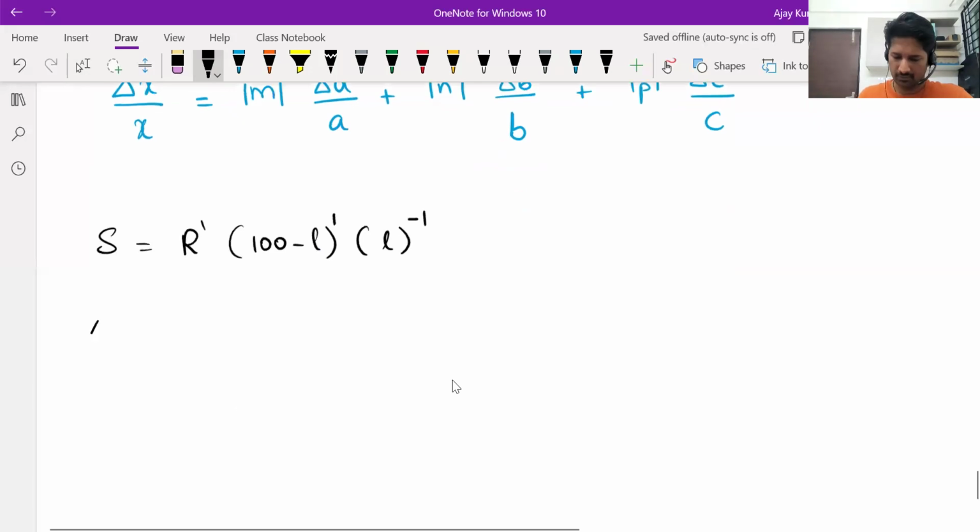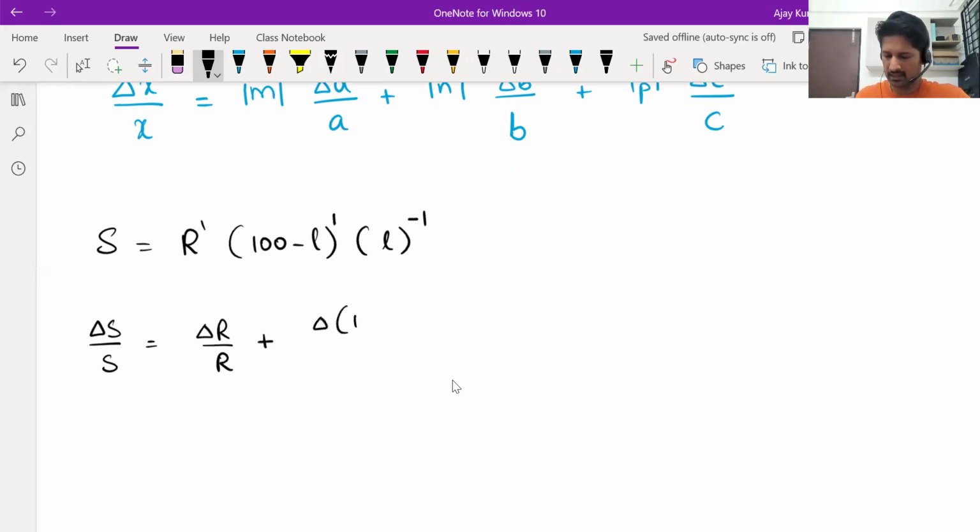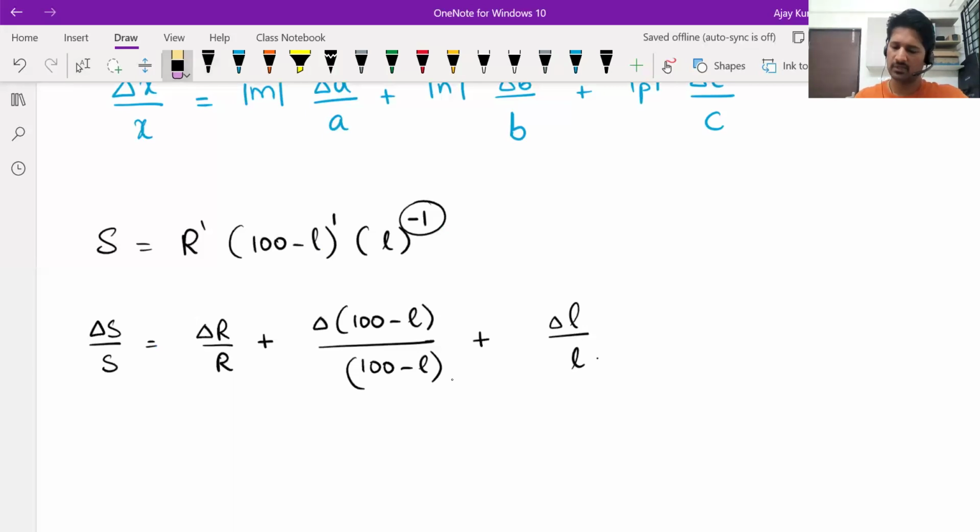Therefore, I can say delta S by S is equal to 1 into relative error in R, so delta R by R, plus 1 into error in (100 minus L) divided by the true value of (100 minus L), plus, although the power is minus 1, errors never get subtracted, so it will become plus 1 into delta L by L, absolute error in the length.